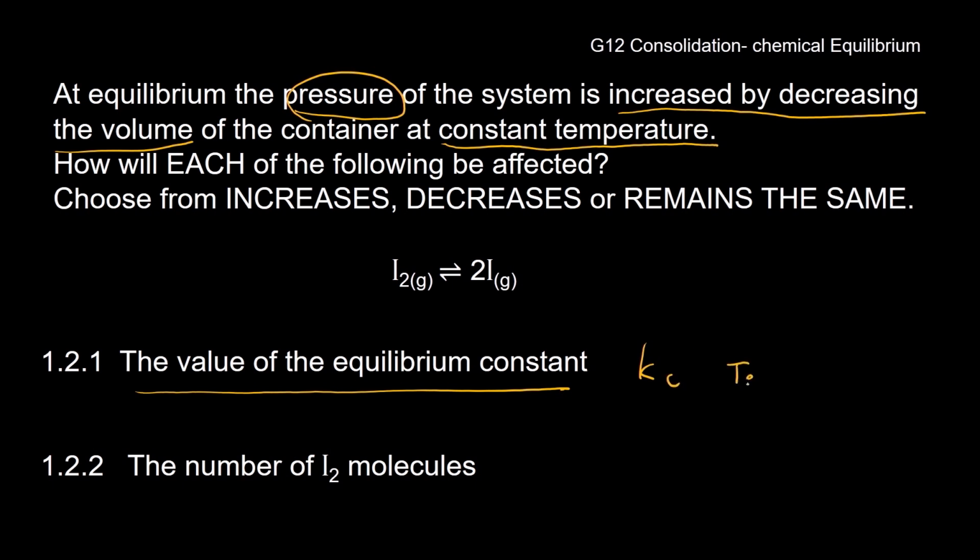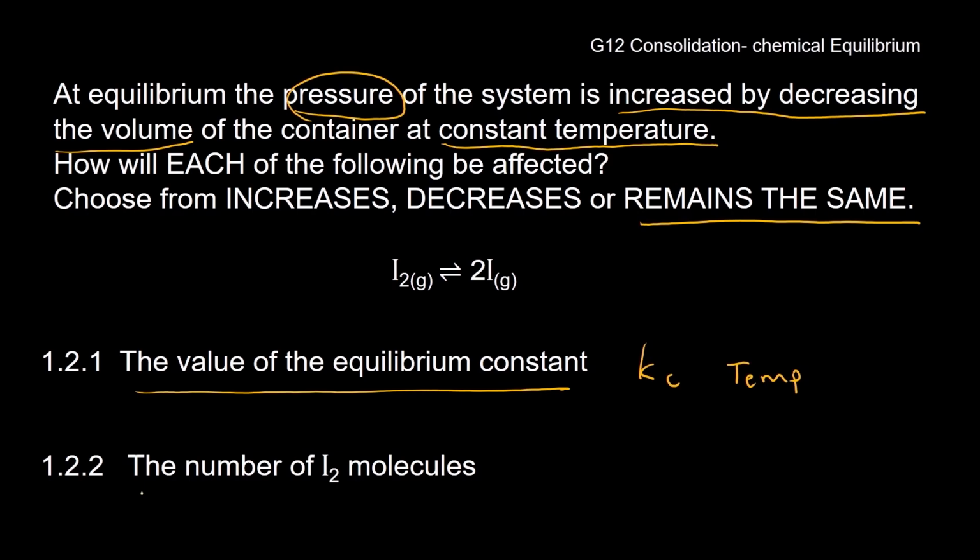That's the only time it can change. Is this temperature? No, it's not temperature. It is a constant temperature. It is the pressure which is changing. So, how will the Kc value be affected? It will not be. It remains the same.